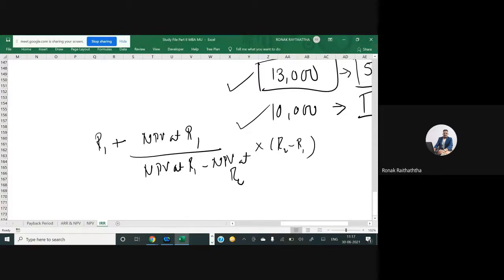And it is always advisable to take R1 where the NPV is positive. So you find the two rates first of all. At one rate the NPV should be positive, at another rate the NPV should be negative. So R1 will be taken as a rate where the NPV is positive, and R2 will be taken as a rate where the NPV will be negative.